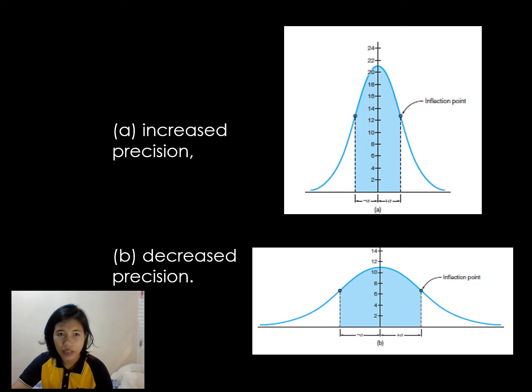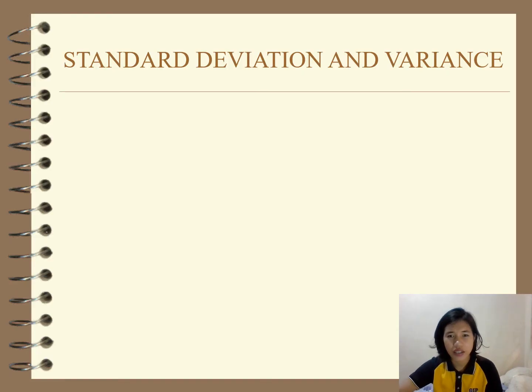Okay. So, napapansin nyo, there are two types of the normal distribution. Ito yung tinatawag nating increased precision. So, yung data natin is more closer to each other. And we have also decreased precision. So, nagpa-flatten yung ating curve. So, we have here now discussed the standard deviation and the variance. So, the standard deviation, yung nakikita nyong sigma kanina at the bottom of the graph.